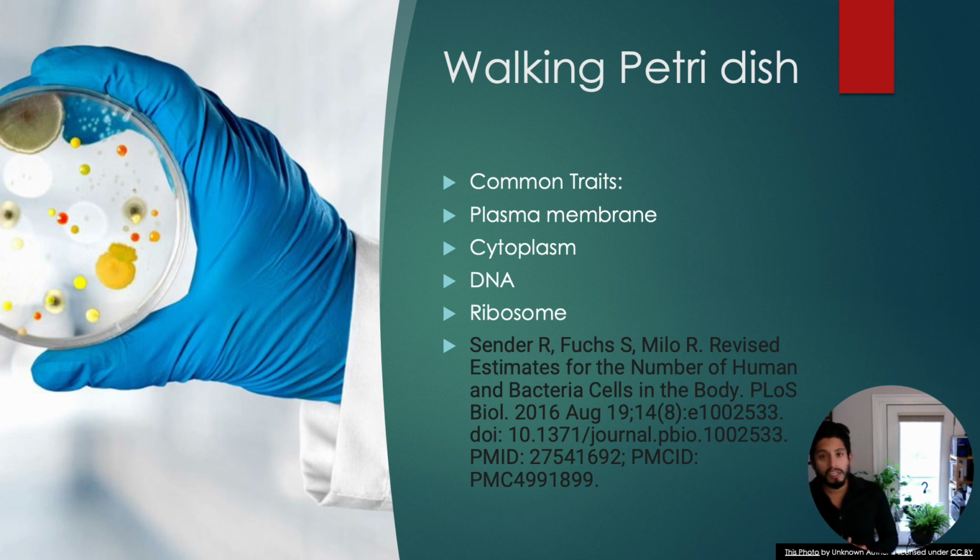And additionally, there are going to be ribosomes inside prokaryotes that are creating proteins that will be aiding in creating the cell wall or aiding in building any other organelles that are within the prokaryote.